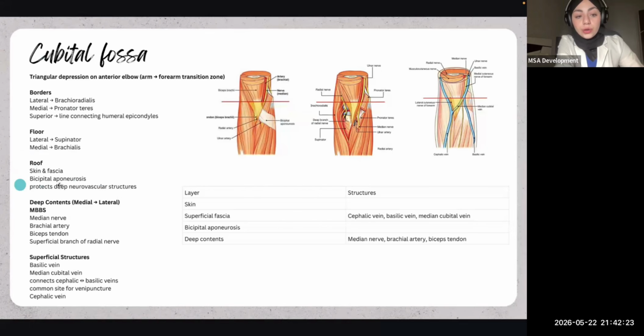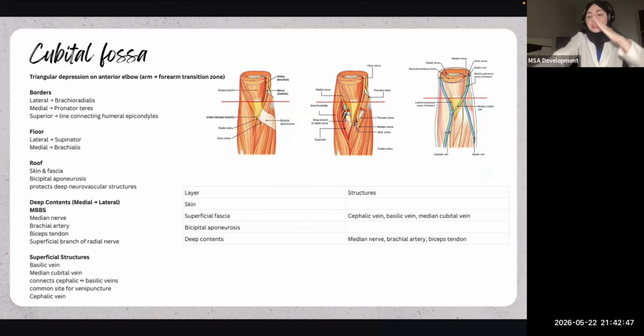For the floor, this is a concept I want you guys to know. So first of all, we're going to start off with skin and fascia. Now, actually, right under the skin and fascia, we're going to have our nerve. Sorry, not nerve. We're going to have our vein. Specifically, what vein? We're going to have the cephalic and basilic veins, right? Recall how I told you there's a cute connection between them from the cephalic going all the way to the basilic.